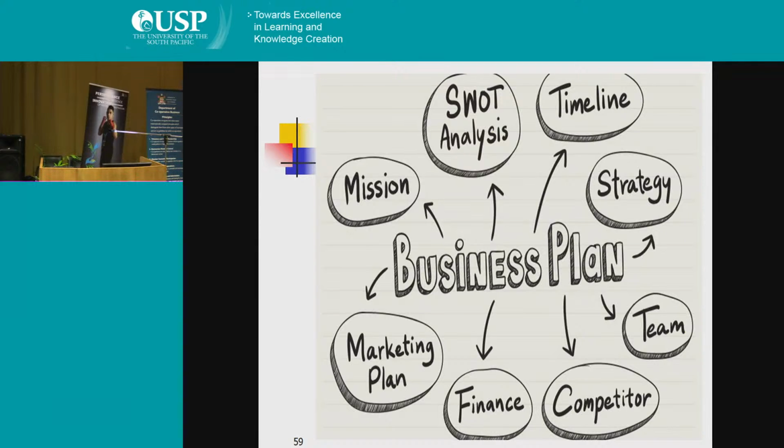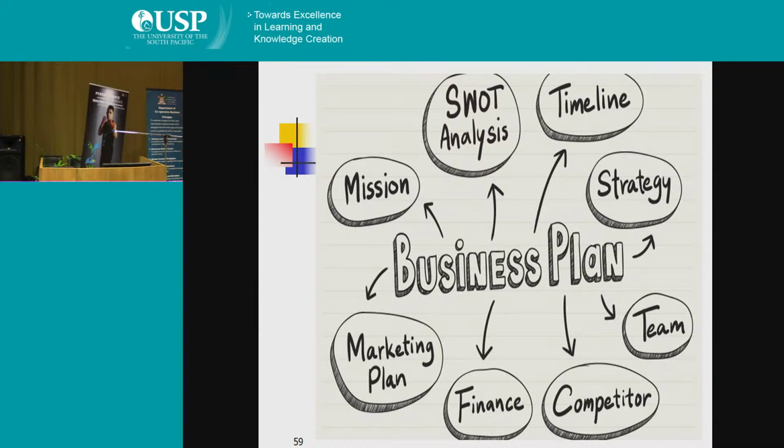Your strategies: how will you strategize yourself and market your product? Your team: you have to have a structure in place, an organization structure, where you have a leader and your subordinates. Competitors: who are your competitors?